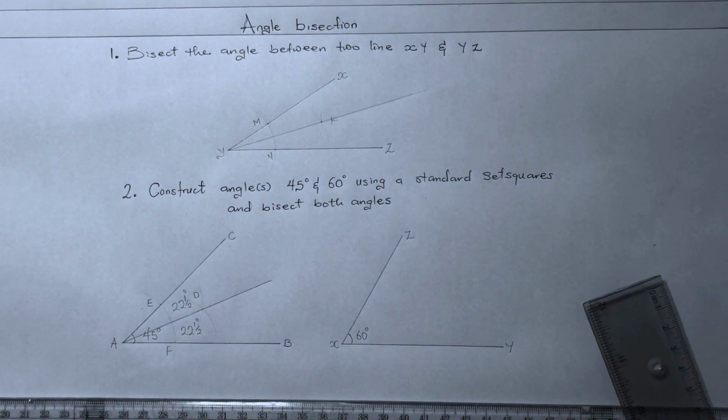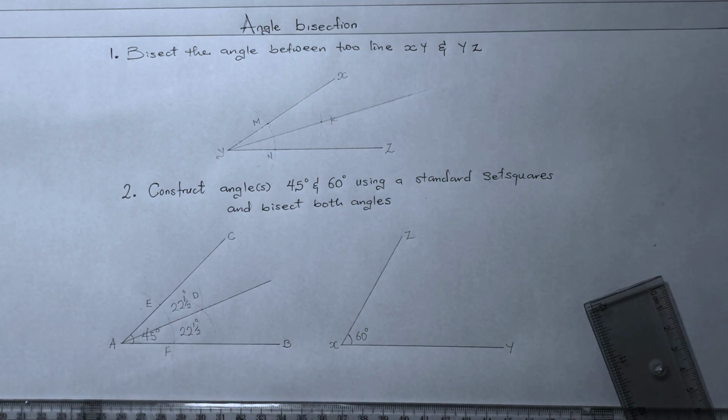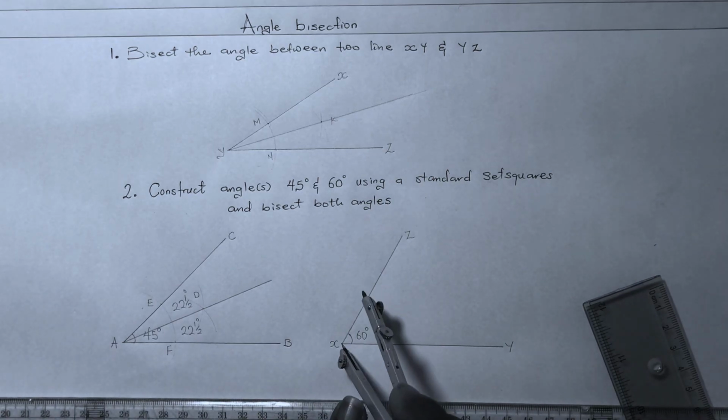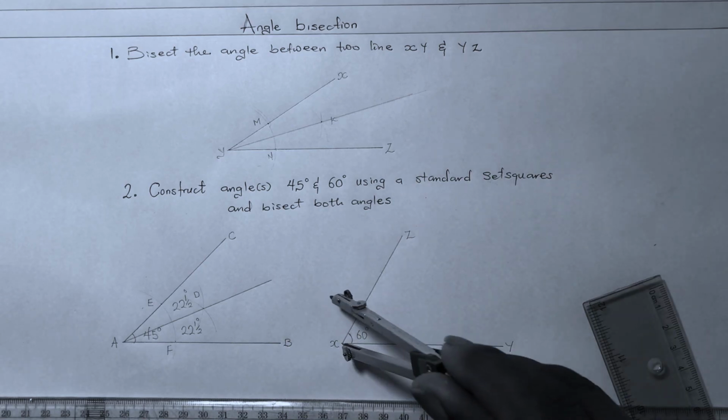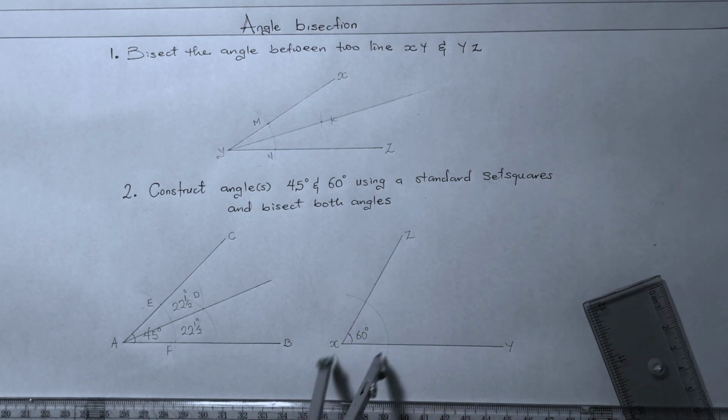For the second angle, using the same method and any convenient radius, we mark an arc touching XZ and XY.